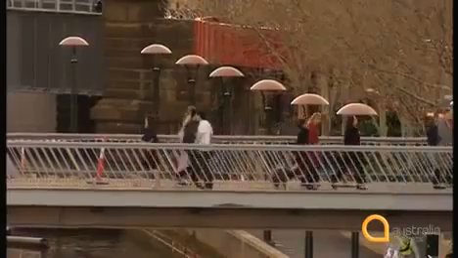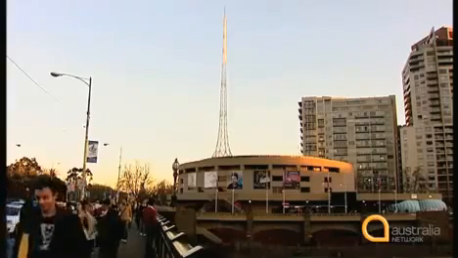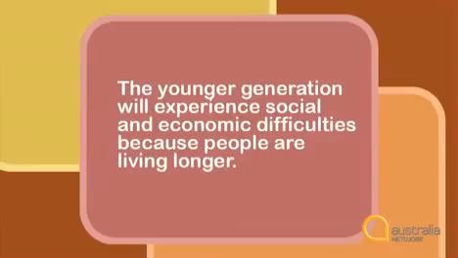And the younger generation are younger people or people who work. They're the people who are not yet part of the ageing population. So you can rephrase or paraphrase the question like this. The younger generation will experience social and economic difficulties because people are living longer.